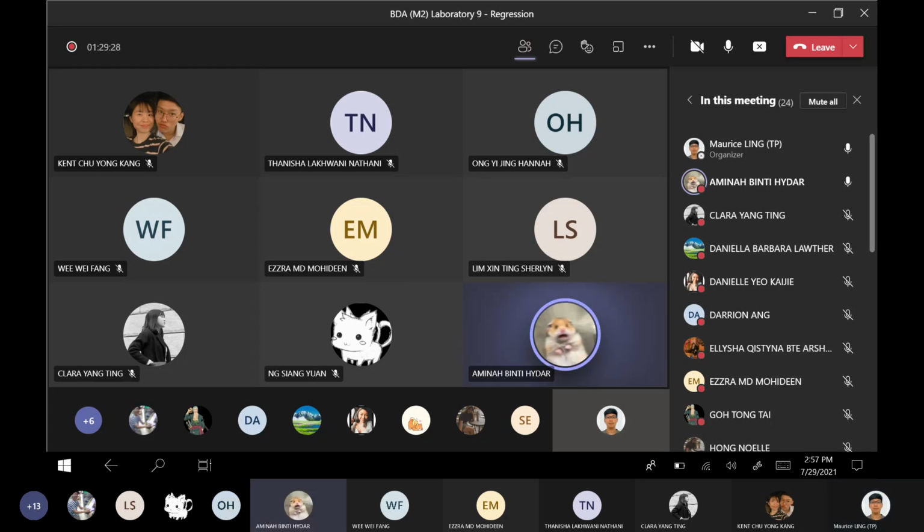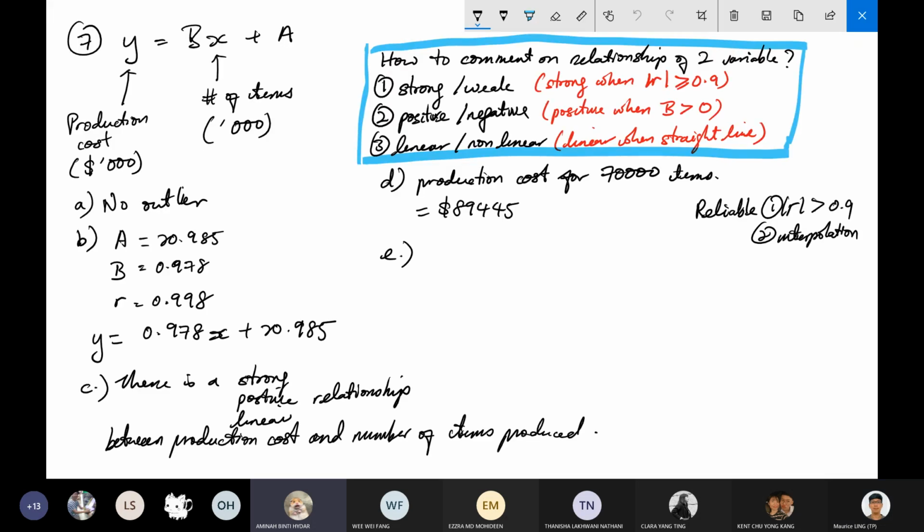E, right? 2.20x is more than or equals to 20.985. Just find the final answer first. Okay, so x, the minimum is around 17173. Correct.